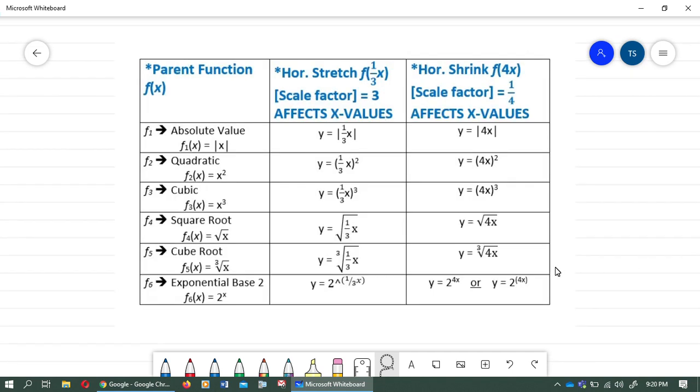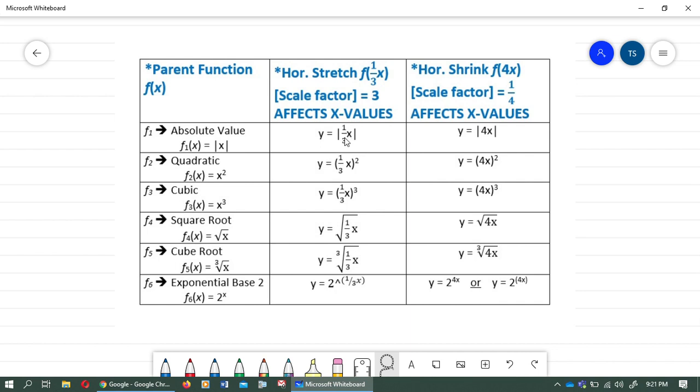This chart here was the last one, on horizontal dilations. Just like with the other charts, it has all of the types of parent functions. But even though we've talked about each of these types of transformations separately, now is where we want to put them all together.